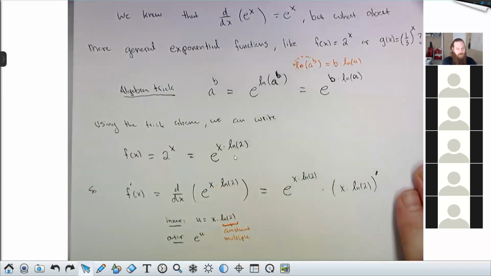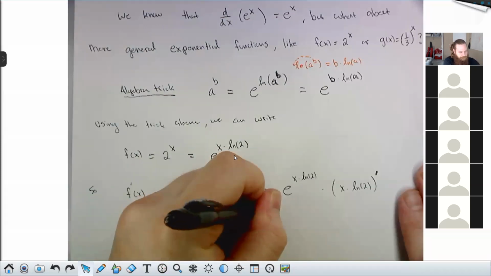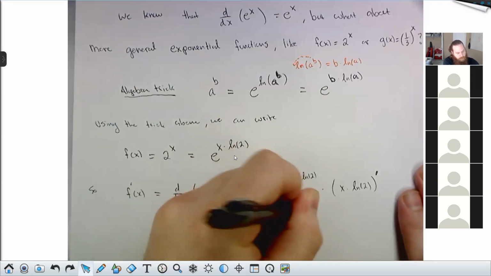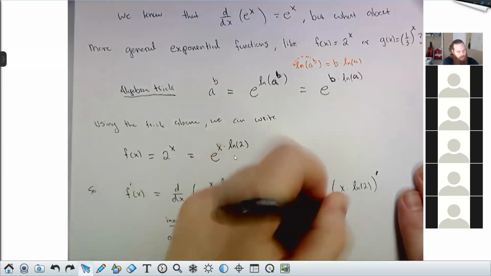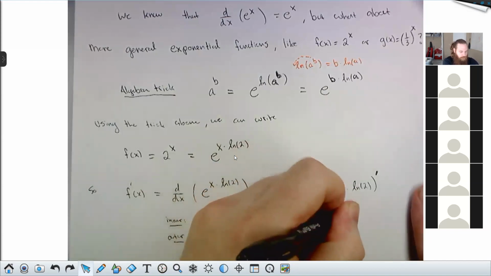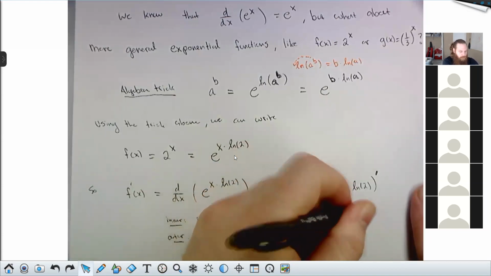So you just differentiate the x, right? The derivative of x is 1. So out of this, we get e to the x times the natural log of 2 times 1 times the natural log of 2, or just natural log of 2.